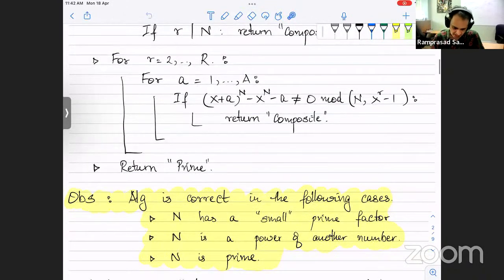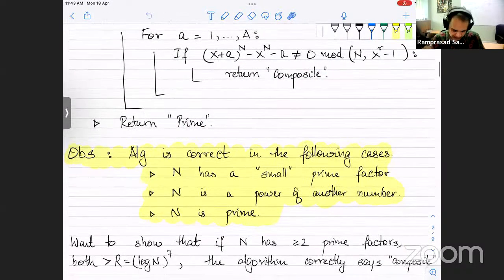And if n is a power of another number, then the first step itself would have figured that out. So there also I know that the algorithm is going to work. And furthermore, if n is actually a prime number, notice that each of these tests will be equal to 0. So we know for a fact that we will not return composite, and therefore we will end up in this situation and return prime.